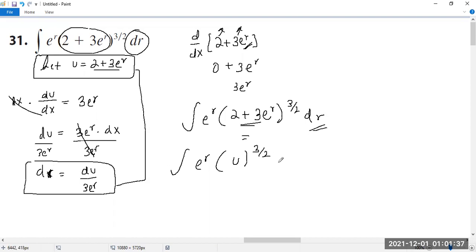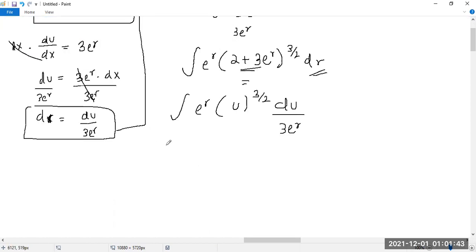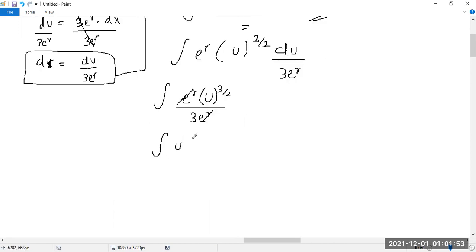So dr will just be du over 3 e to the r. So it's du over 3 e to the r, which is the same thing as e to the r u to the 3 over 2 over 3 e to the r. The e to the r's cancel out. We're left with the integral of u to the 3 over 2 over 3 du.